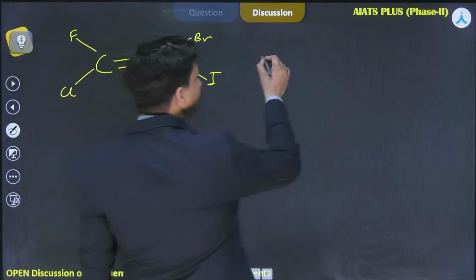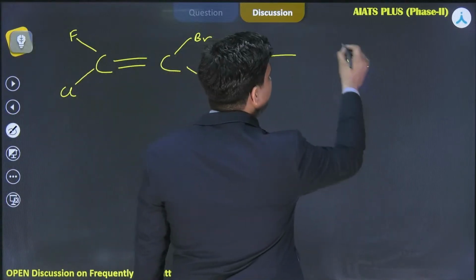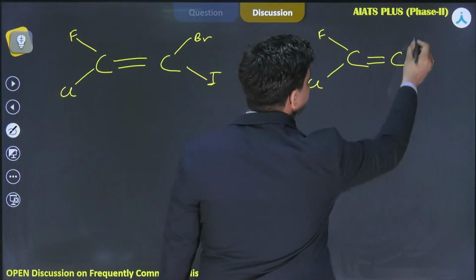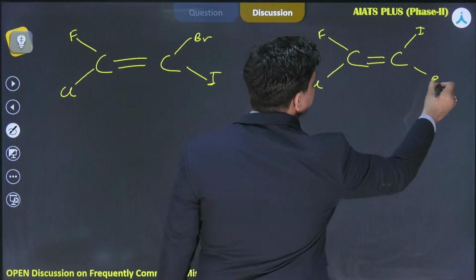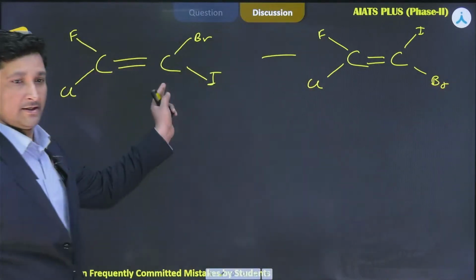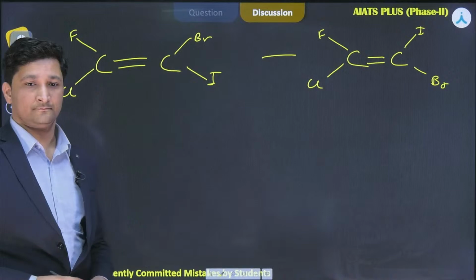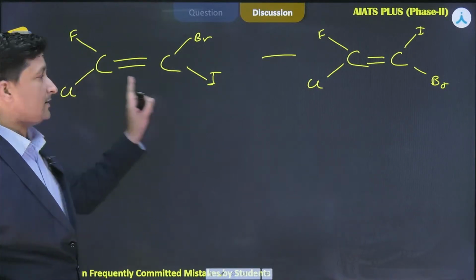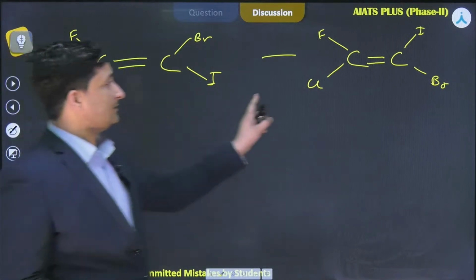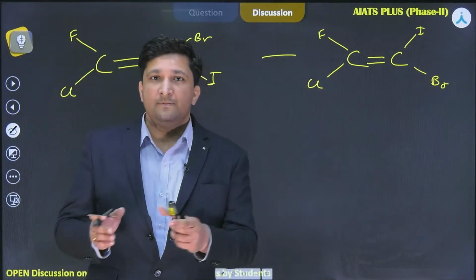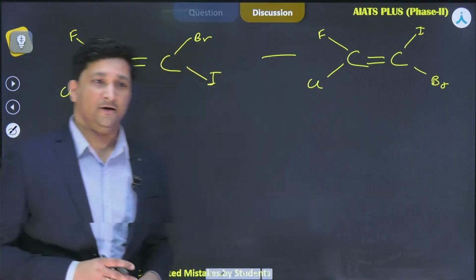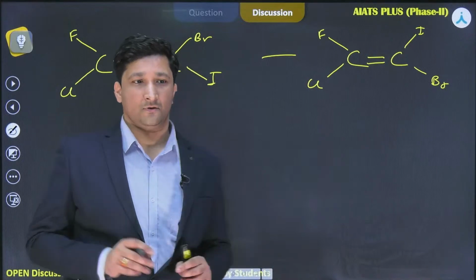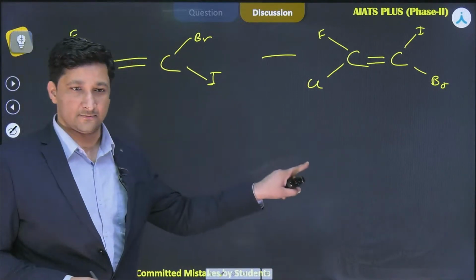Now, one more isomer that is possible is IBr. I have just inverted this. You can say that the distance between fluorine and iodine has changed, and the distance between chlorine and iodine has changed, and they can't be converted into each other. If you want to prepare these two compounds, you have to follow different mechanisms. So that's why they both are geometrical isomers of each other.